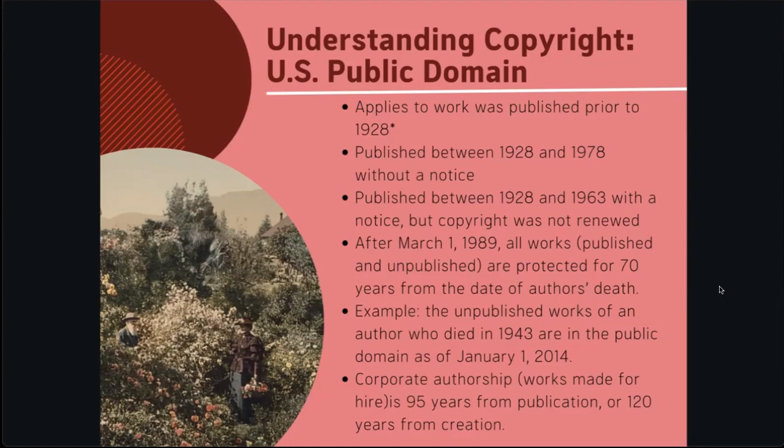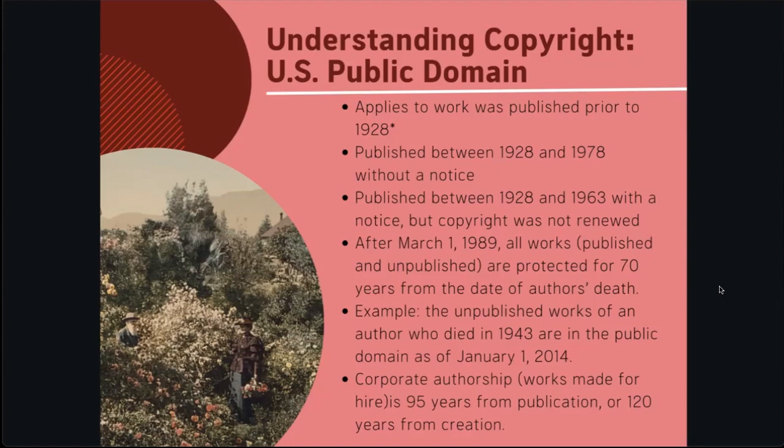The easiest thing to go over first is public domain. It usually applies to work that was published prior to 1928. I put an asterisk here because Walt Disney messed this up for all of us and lobbied so that people could renew copyrights. That messed everything up a little bit.